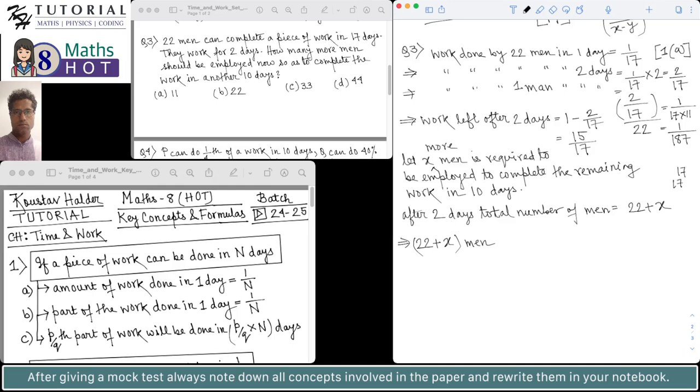So after 2 days the total number of men will be 22 plus X. Now let's find out the amount of work done by 22 plus X men in 10 days.